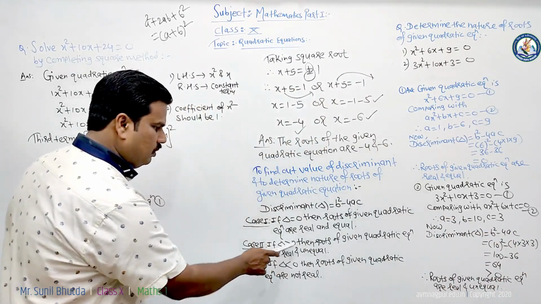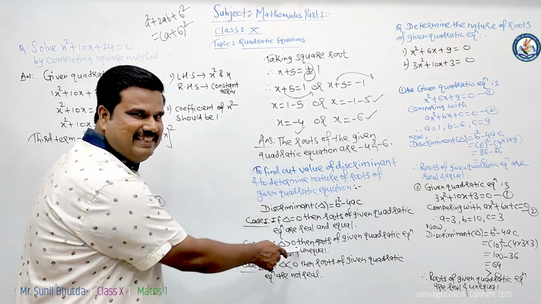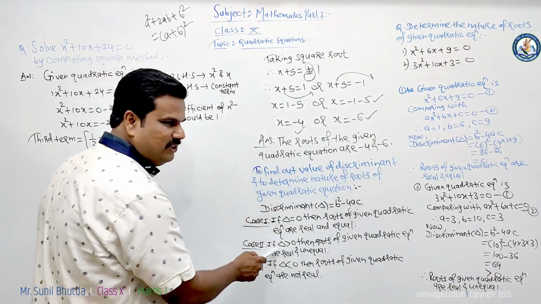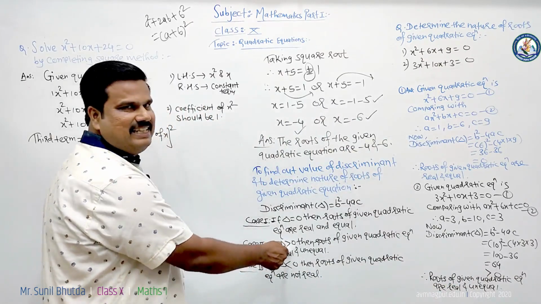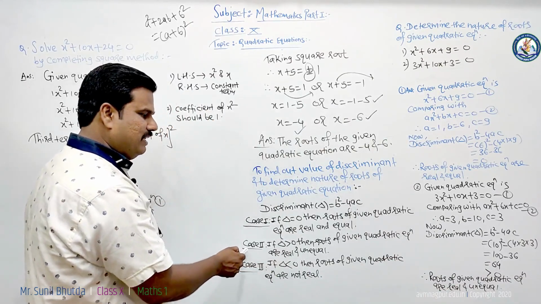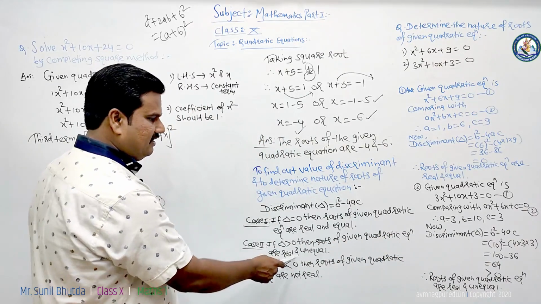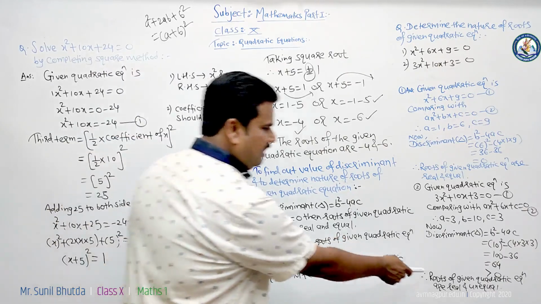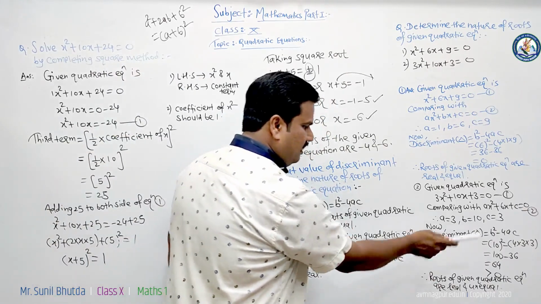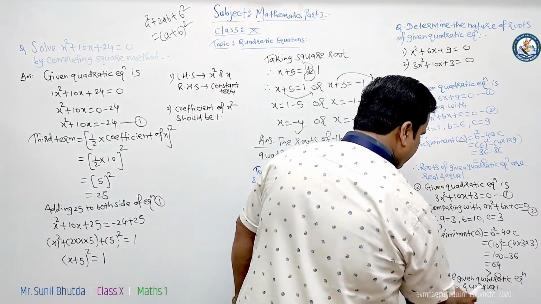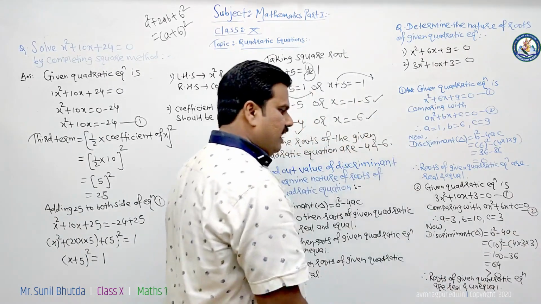And this 64 is greater than 0. This 64 is what? Greater than 0. And if delta is greater than 0, our case number 2 says the roots of the given quadratic equation are real and unequal. Therefore, I have written the answer as roots of the given quadratic equation are real and unequal.